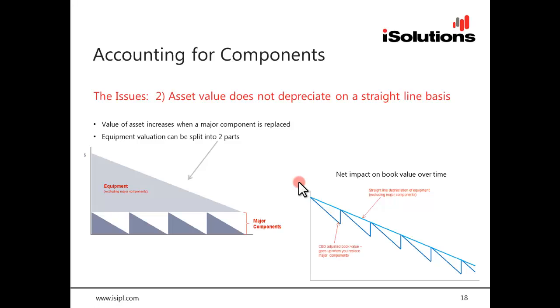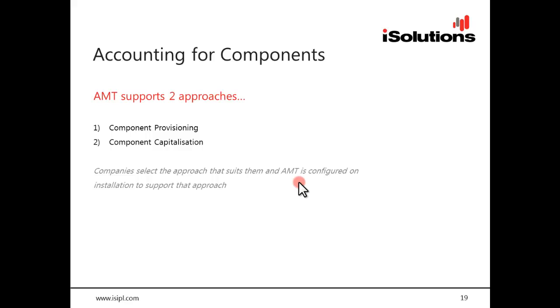So we've got these 2 issues, and they're both caused by the same thing. So there's 2 approaches within AMT for how we can handle this. What we find is companies do vary in their opinions between whether what we call component provisioning is acceptable, or whether component capitalization is the appropriate way to go.